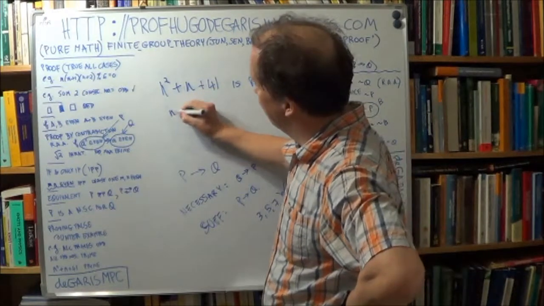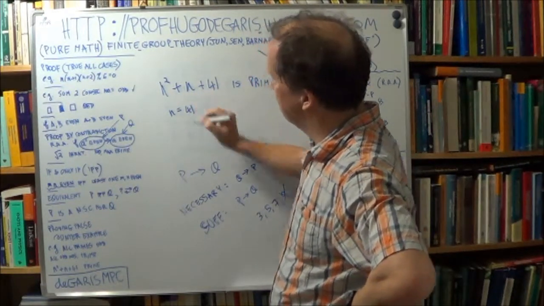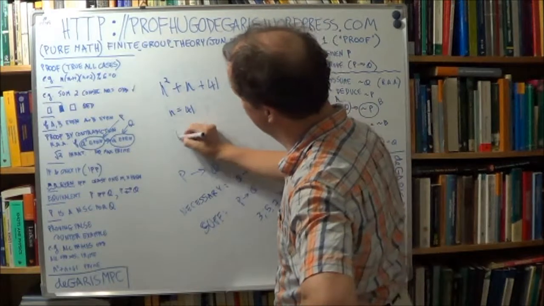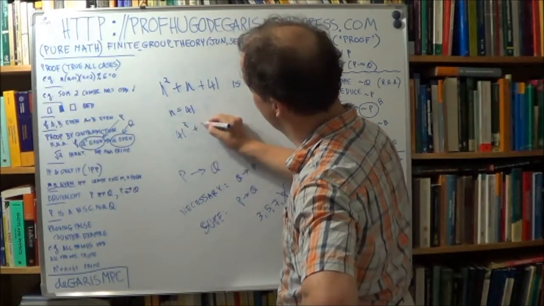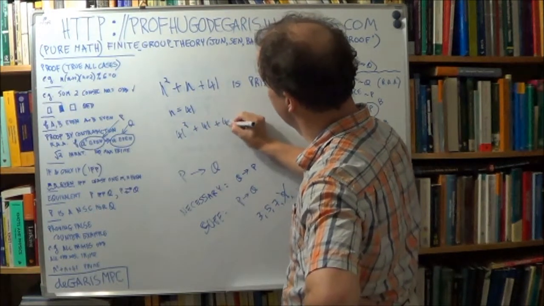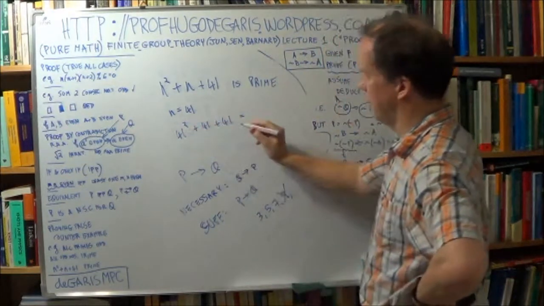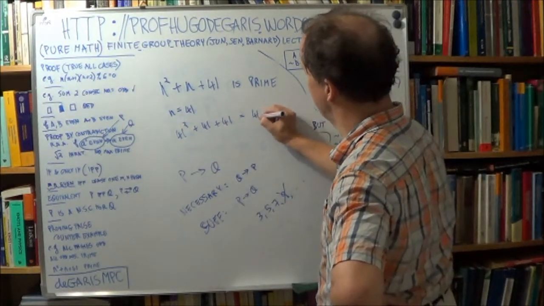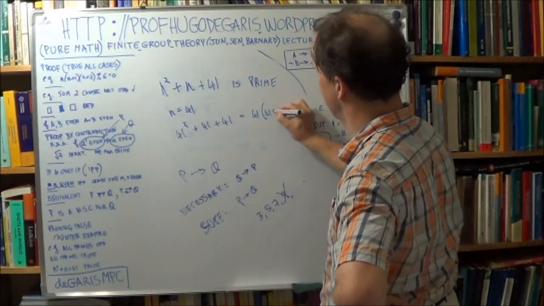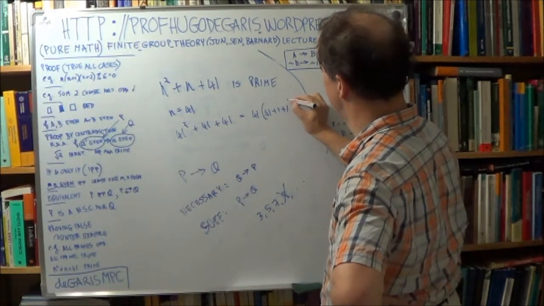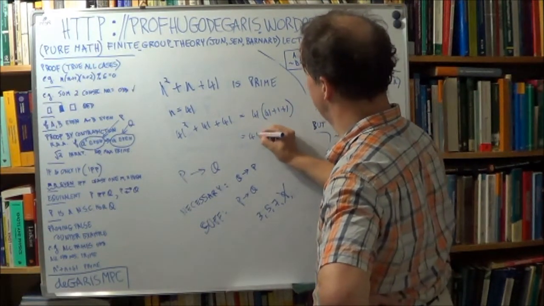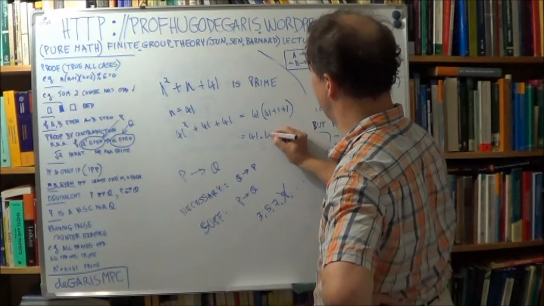Let n be 41. Okay? So you'll have 41 squared plus 41 plus 41. Now you have 41 in common, so that's 41 times 41 plus 1 plus 1. Okay? So that's 41 times 43.